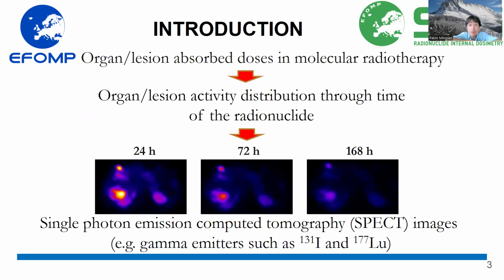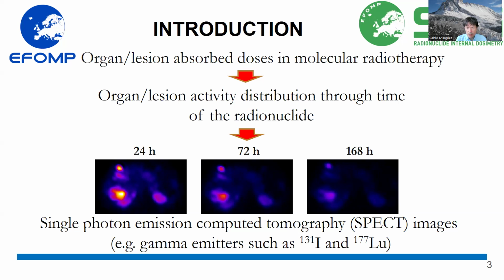So we know that if we want to determine the absorbed dose in molecular radiotherapy for organs and lesions, we have to know the activity distribution through time of the radiopharmaceutical or of the radionuclide in the organ or in the lesion. For that, what we currently use is a series of SPECT images.